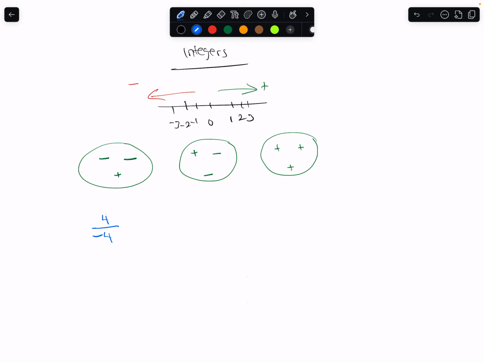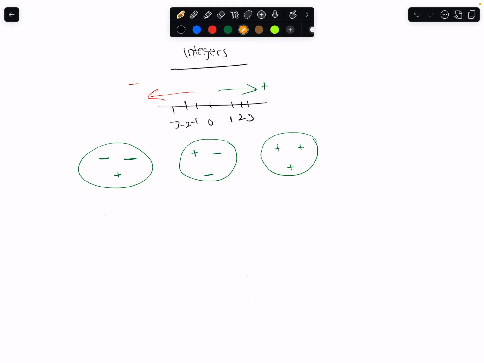We do the division portion of it first. 4 divided by 4 is 1. Now here we have the signs. Nothing in front of this 4 makes it positive. Something in front of this makes it negative. So we have a negative and a positive. That is negative. So the answer here is -1. Okay, let's do a few examples of this.